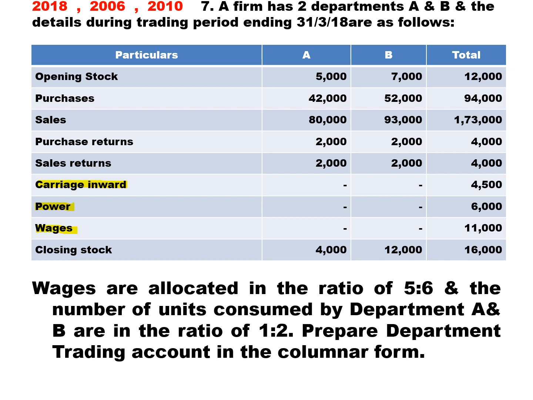Wages distribute in 5:6. Power distribute in 1:2. Carriage inward distribute in net purchase ratio. Now, first working note.